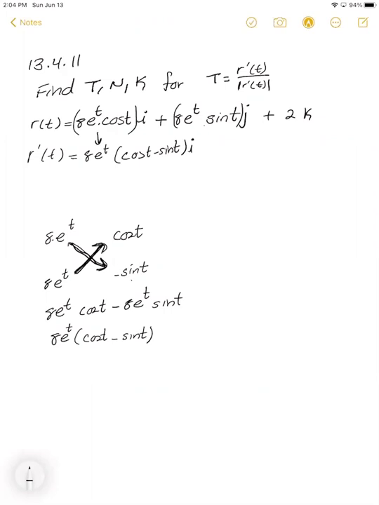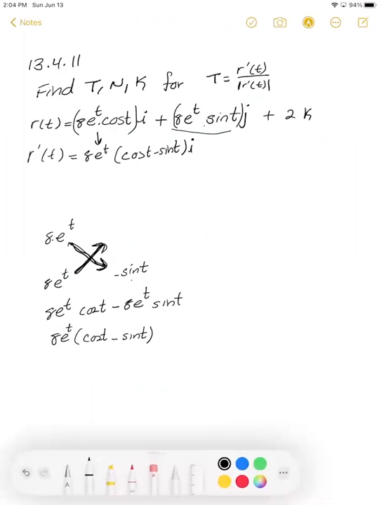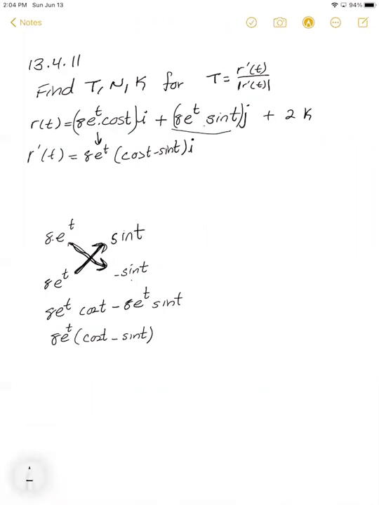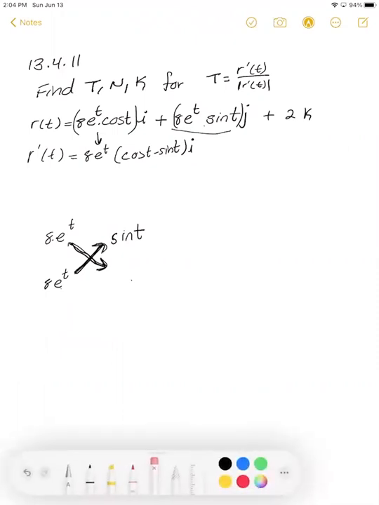I also have to find the derivative of this component. So instead of cosine, I put sine. And the derivative of 8 e^t again is 8 e^t. But the derivative of sine is just cosine.